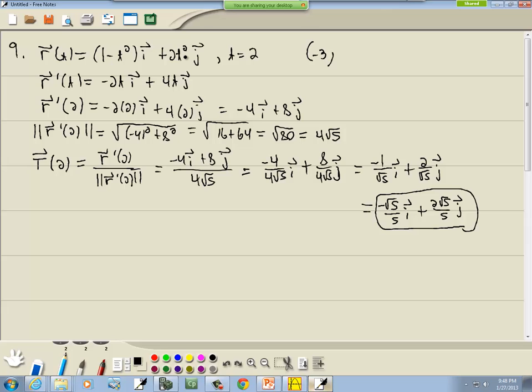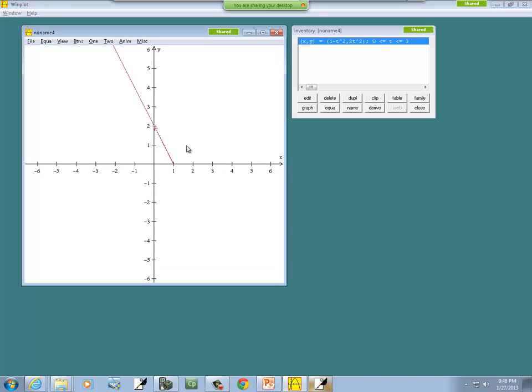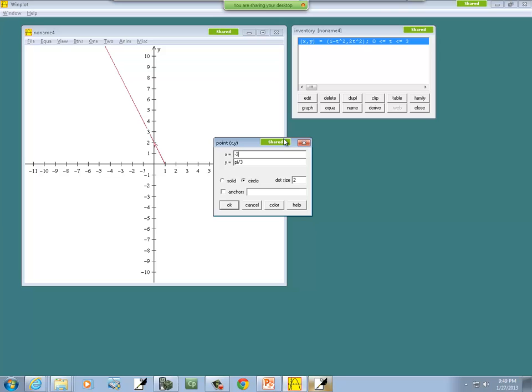If I put 2 in here, 2 squared is 4 times 2 is 8, so we've got negative 3, 8. So I'm going to go put a point there. I guess I better zoom out a little bit more. So do equation, choose point, choose xy, and put in negative 3, 8.